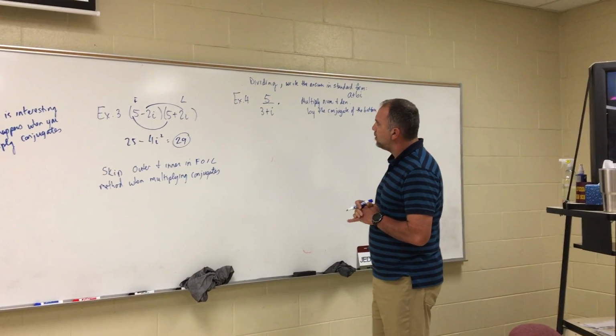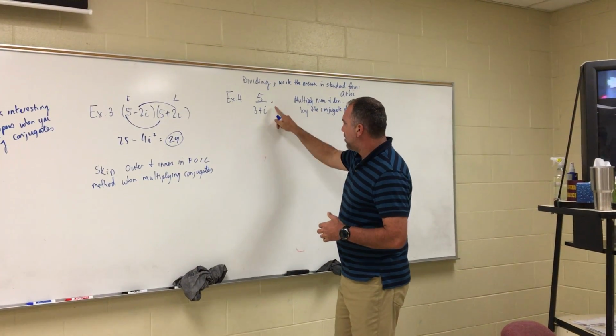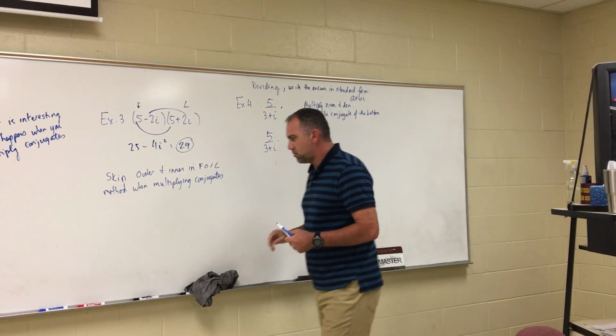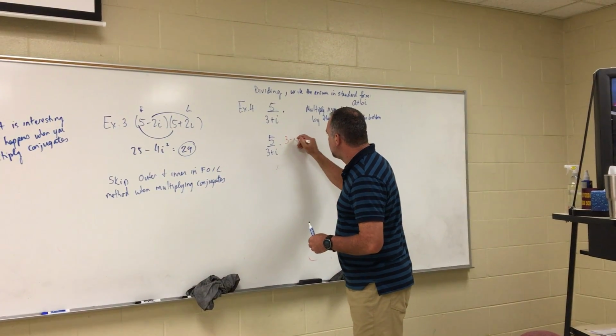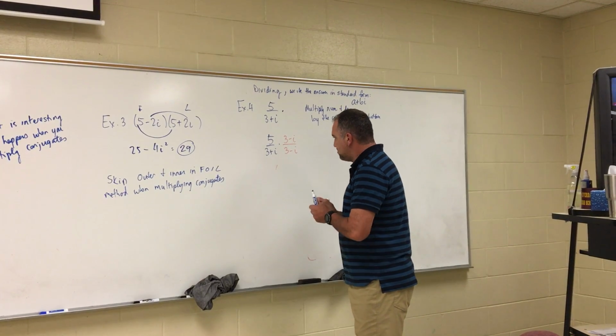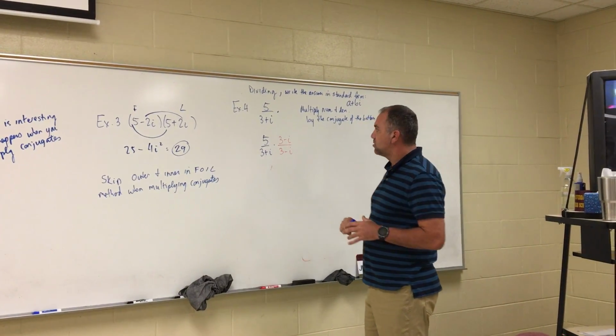Okay. So what would I multiply the top and bottom by? 3 minus I. So we'll do a 3 minus I here and a 3 minus I here. And then we'll be able to write our answer as something plus something I.